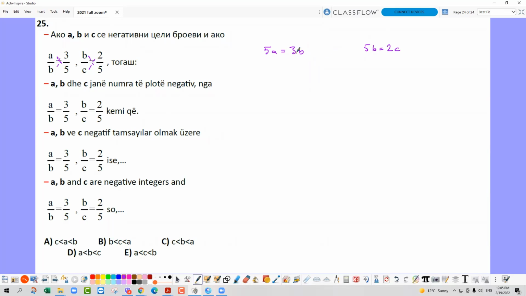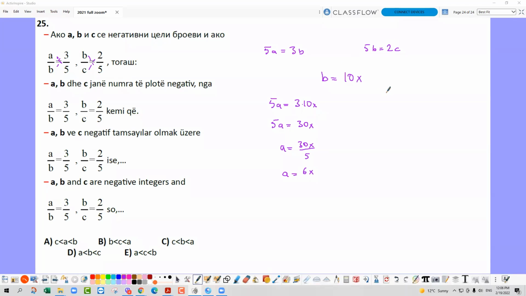So I'm going to choose a B value that is divisible by 2 and 5, then I'm going to simplify. Let's say B is equal to 10x. If I replace B here, 5A is equal to 3 times 10x, so 5A is equal to 30x, then A is equal to 30x divided by 5, and A is equal to 6x.